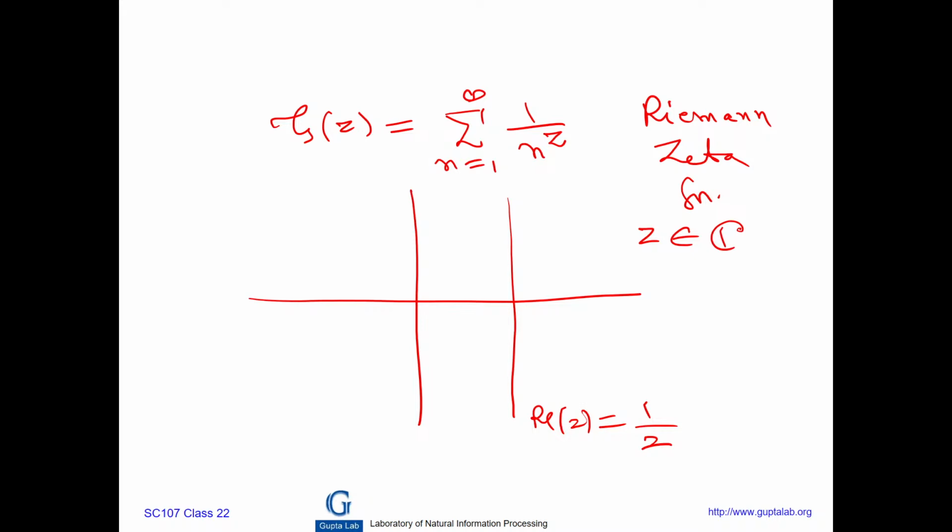What people are interested in looking at the zeros of this function. ऐसे कौन से complex numbers हैं जिसको हम यहाँ डालें तो वैल्यू जीरो आ जाए इसकी, right? Very simple thing. What are the complex numbers z for which zeta of z is equal to 0? So we are interested in zeros of Riemann zeta function.